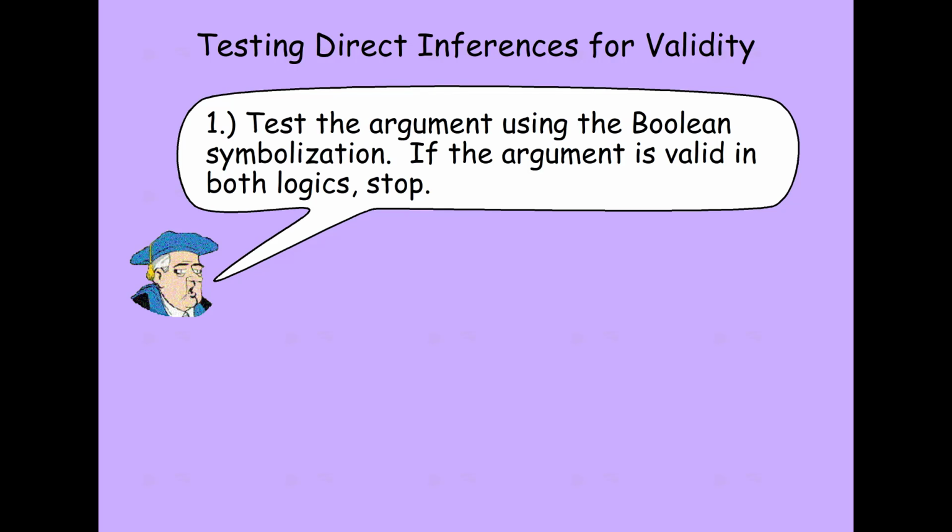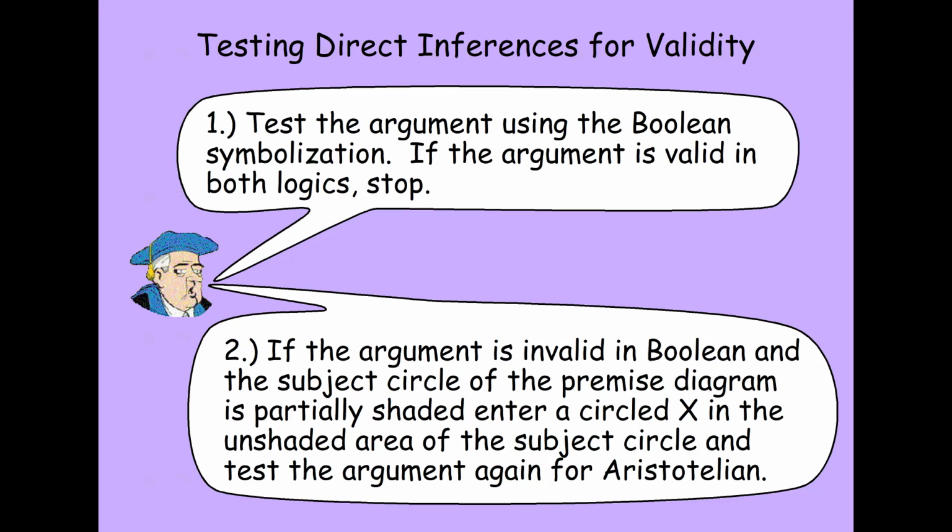So if it's a valid argument in Boolean logic, it's valid in both our logics. And so if I find it to be valid when I test it in Boolean, I stop and I write valid both logics. However, if it's invalid in Boolean, then I've got to modify my diagram and test for Aristotelian validity.